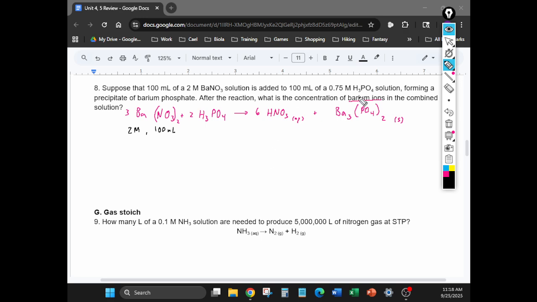And for H3PO4, we have 0.75 molarity, and it's 100 milliliters. So same volume, different concentration.